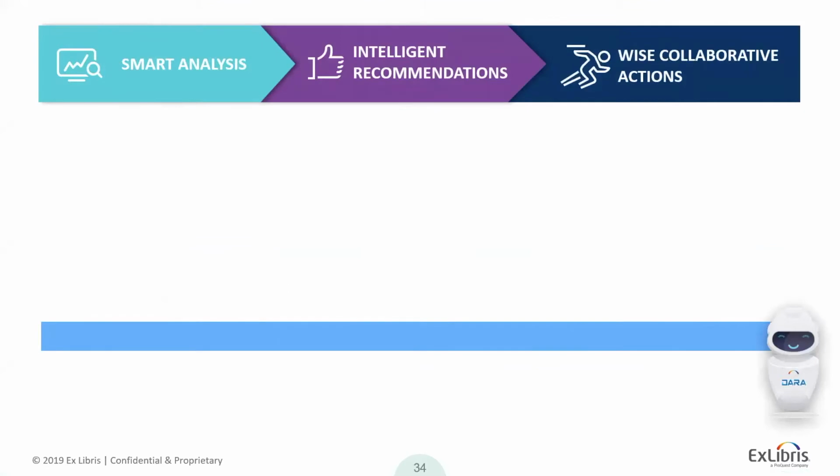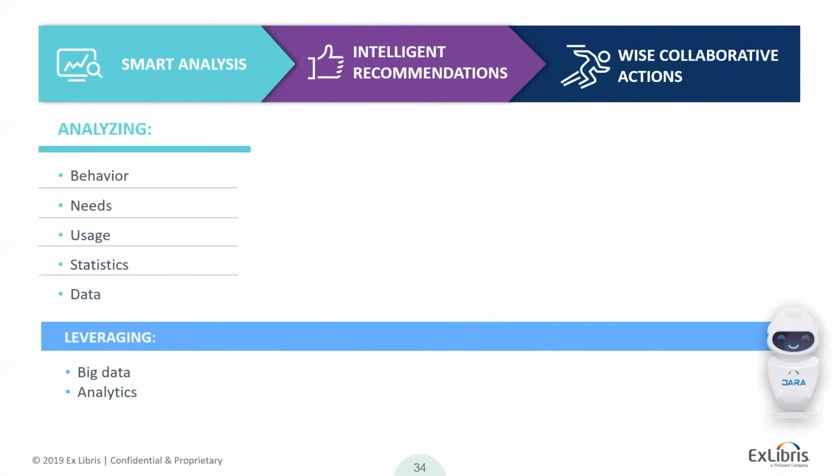Again, this is just a slide here at the end to summarize. We want to provide smart analysis, and that's the machine learning or algorithms or, quote unquote, artificial intelligence, but really just analyzing the data that we have as a result of being a part of this software as a service world.